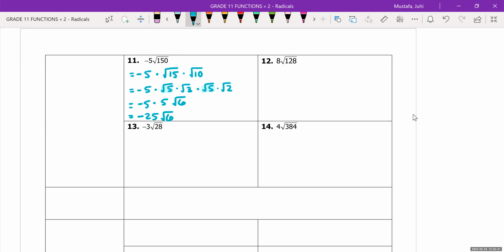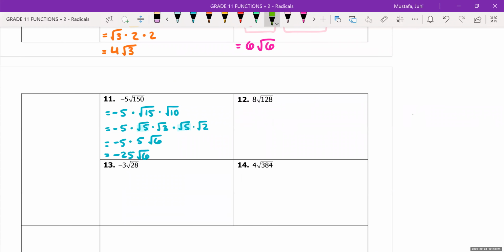Okay, let's challenge ourselves and do question number 12. Now, if you're wondering what a possible strategy might be, you could look in your multiplication tables, or if it's an even number, you could just divide by 2 and go from there. However you want to try this. But can you guys tell me two numbers that multiply to give us 128? Bea? Is that right? Yep.